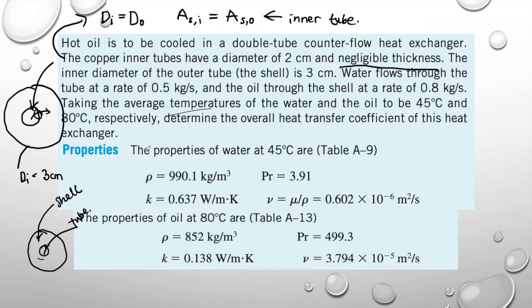Therefore you have to go to table E9 and refer to 45 degrees Celsius for water and 80 degrees Celsius for oil, and take out the information on density, thermal conductivity, Prandtl number, and kinematic viscosity.